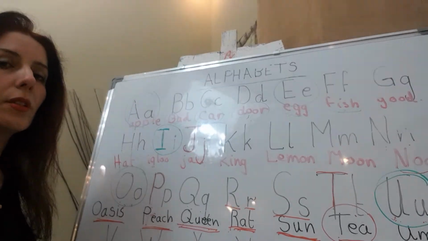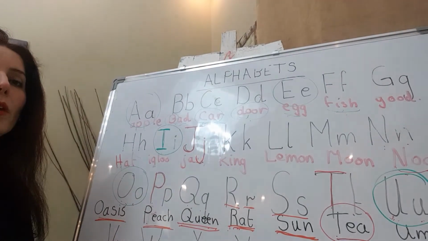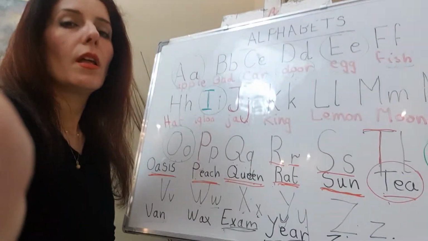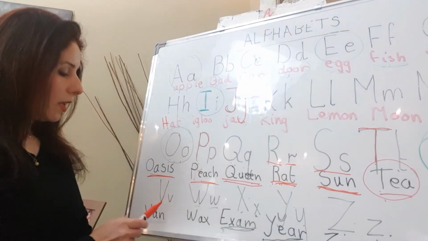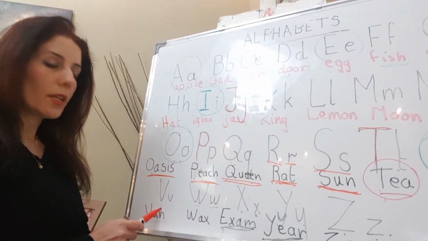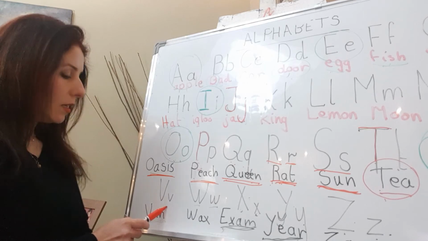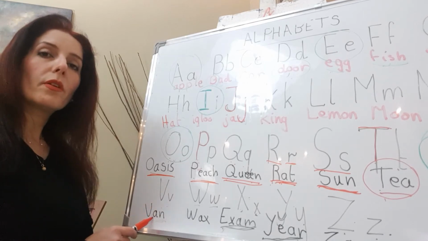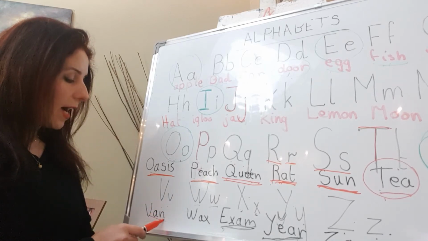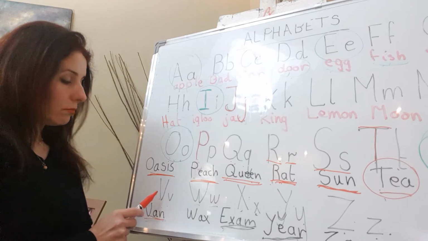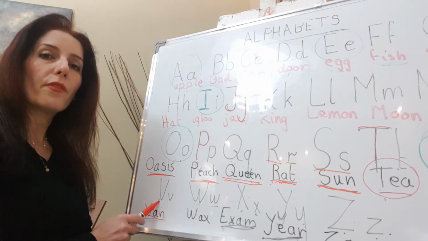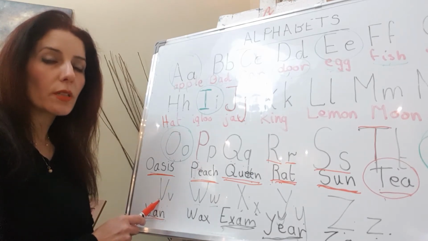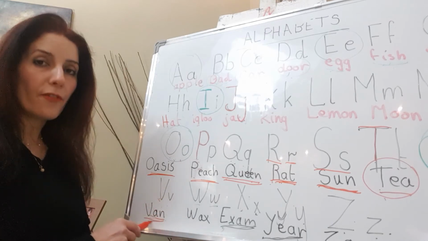And here we can see the V, the capital letter, and here the small letter. So we can pronounce it V, van. So the name of this letter is V, and we pronounce it V, like the van.